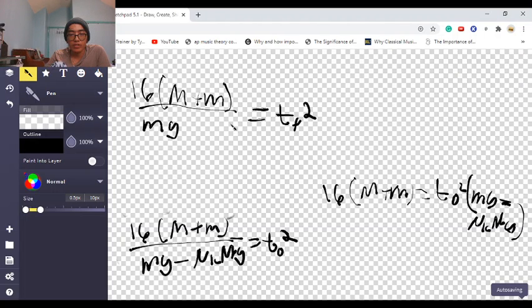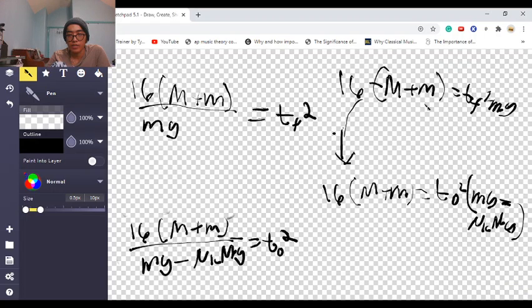And from there, we can multiply this up here. So 16 capital M plus little m, t final squared mg, right? T final squared mg. And you can see here that we can actually start substituting this expression in here.